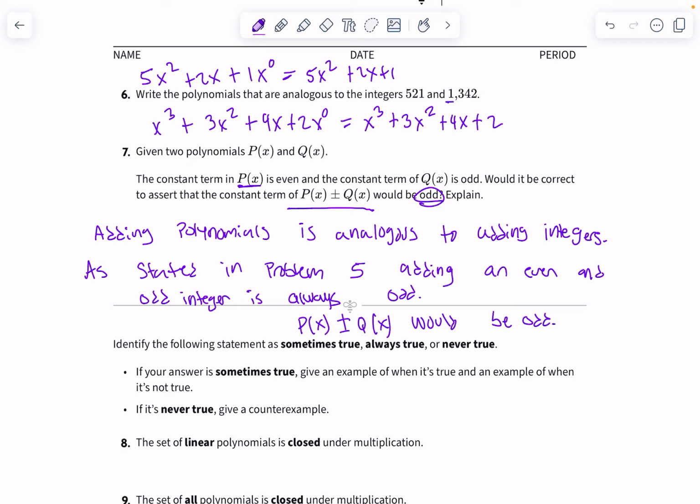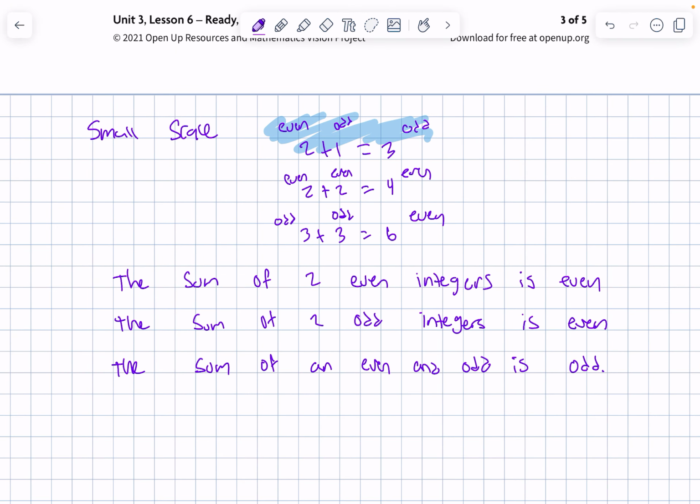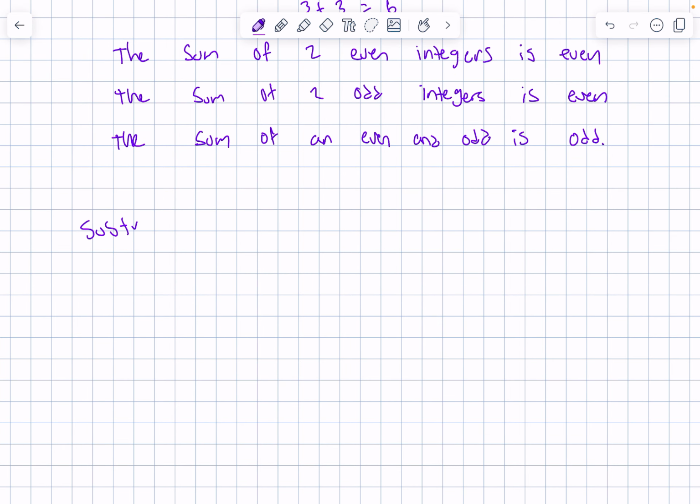Okay, so this is an interesting concept, right? I hope it makes some sense. But I think just realizing that from a small scale, like I did here, when you're taking the sum of an even and odd, you get an odd, even and even, you get an even, and an odd and an odd, you get an even. Now, what about subtraction? When you think about subtraction, think about it as adding the opposite.